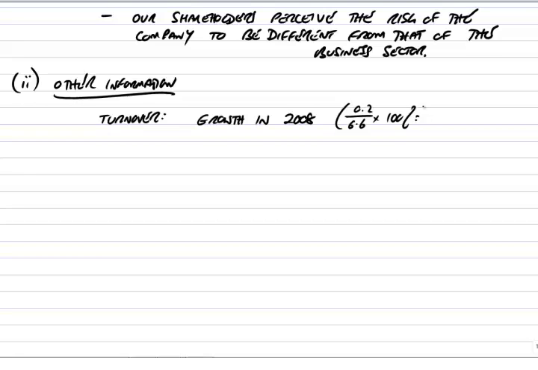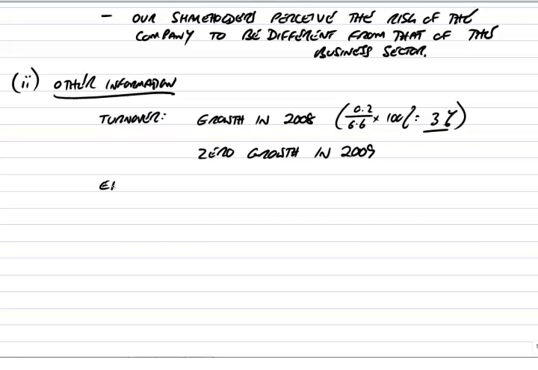It grew by 3%. But of course, in 2009, there is zero growth. And clearly that is a bad sign. If turnover's falling, the company can't maintain growth in dividends.